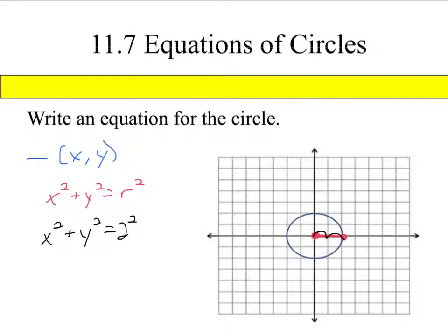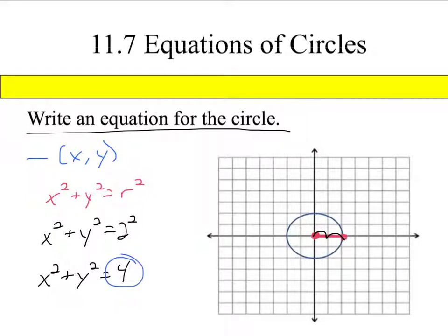This is going to be 2 squared. So all it asks us to do is write an equation for the circle. That equation looks like this. Okay, we know we can simplify 2 squared to 4. Okay, so when you look at this, this number right here is your radius squared.